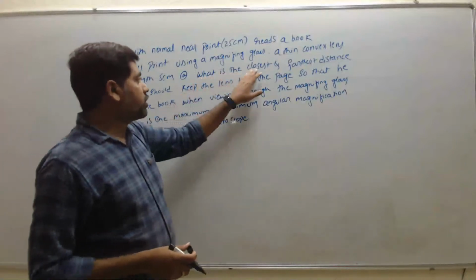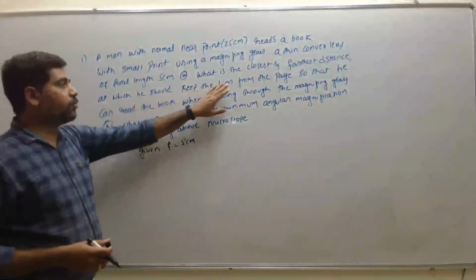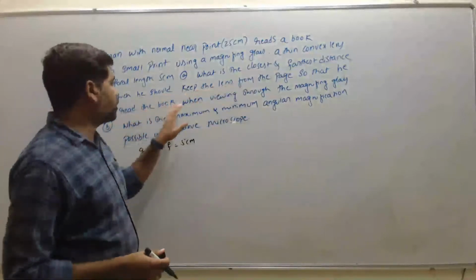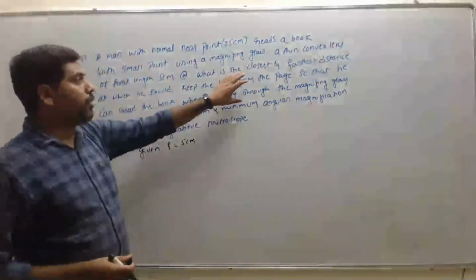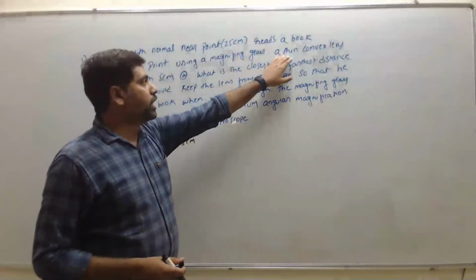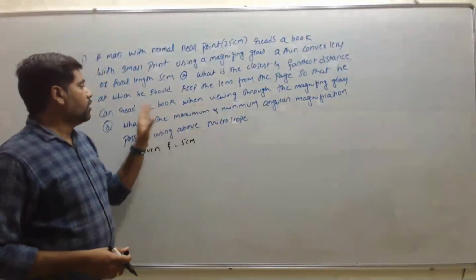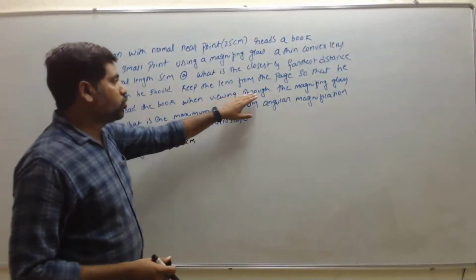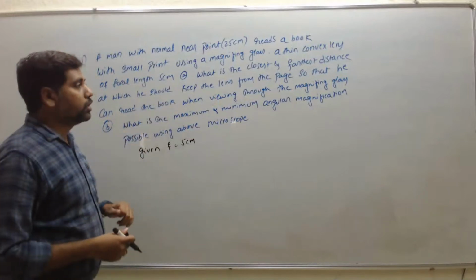Next, what is the closest and farthest distance at which he should keep the lens from the page so that he can read when viewing through the magnifying glass? That is, we have to find the distance of the object to the thin convex lens so that he can read the book.